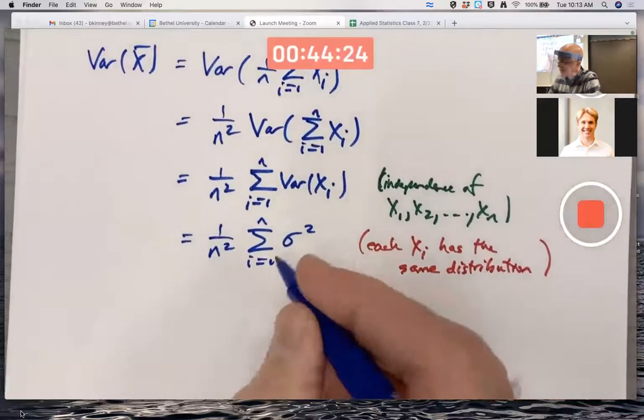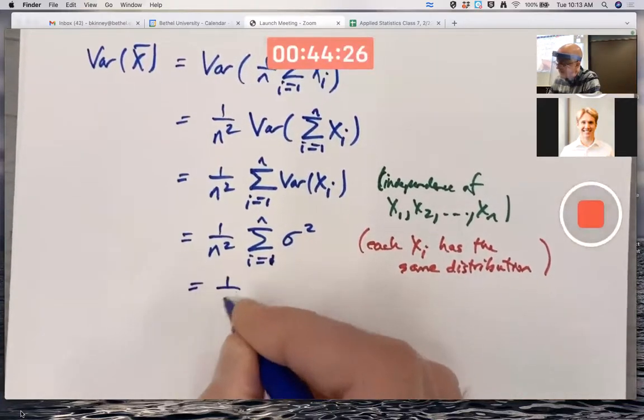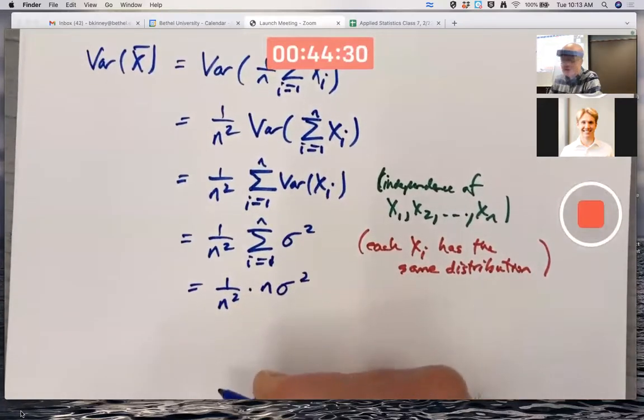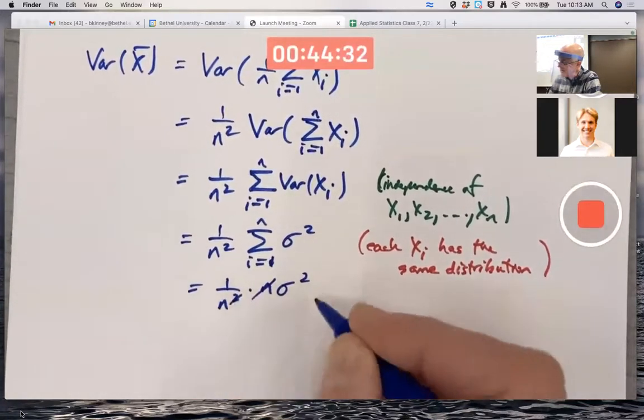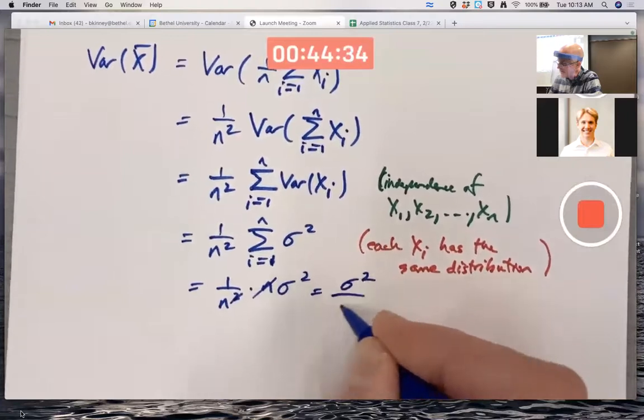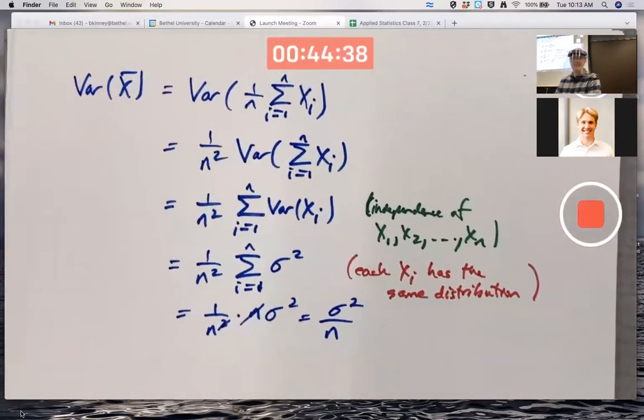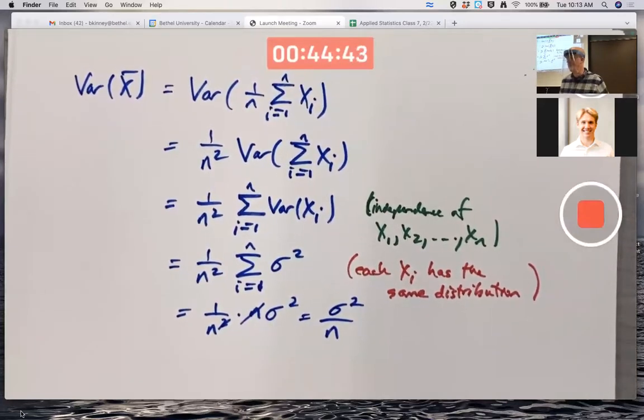So I'm really adding up a bunch of constants. How many of them? n of them. Cancel one of those n's and you get sigma squared divided by n. The variance of the sample mean, X bar, is the population variance divided by the sample size.